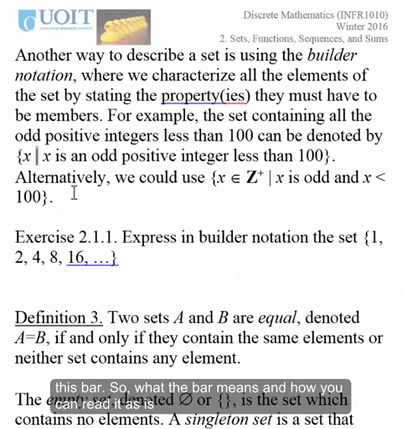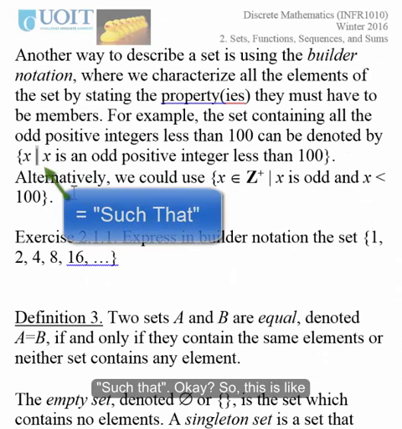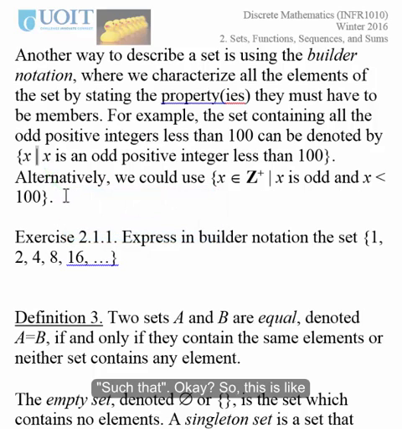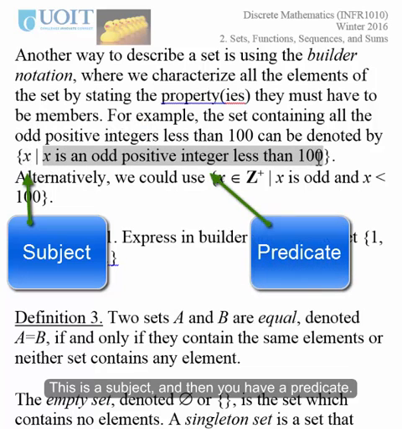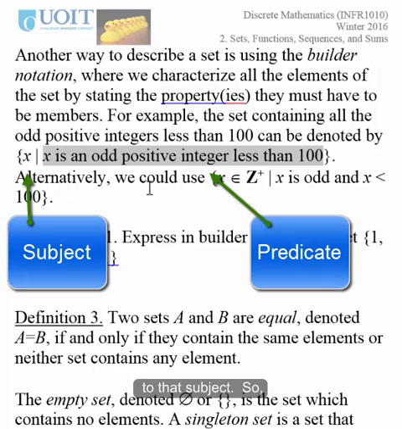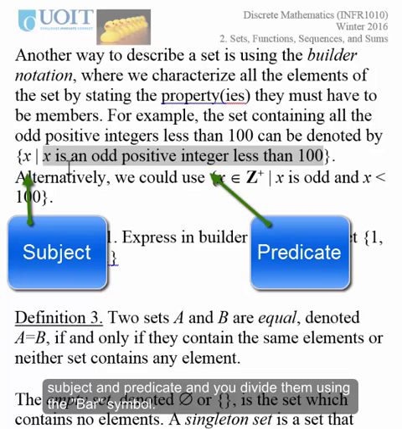So what that bar means and how you can read it is "such that". Okay, so this is like you have a subject in this example. This is a subject, and then you have a predicate to that subject. So subject and predicate, and then you divide them using the bar symbol.